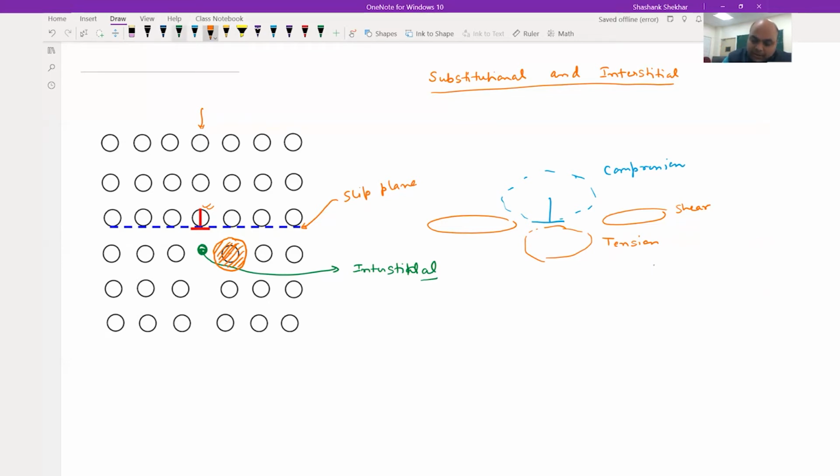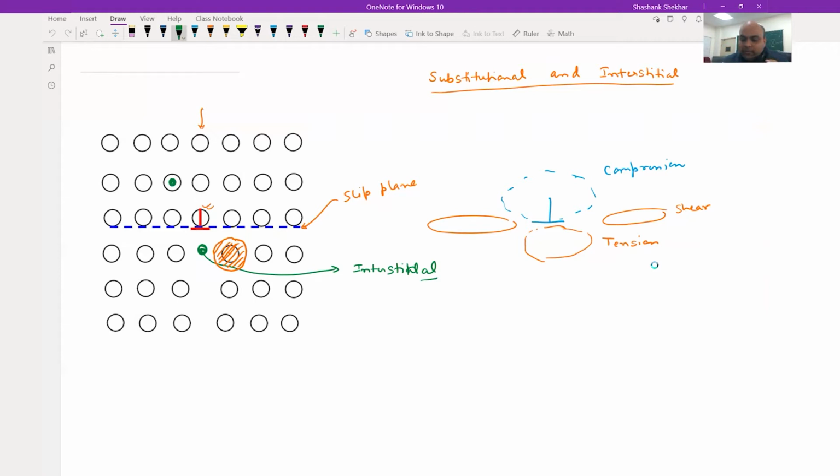On the other hand, if we have a smaller substitutional atom, like this one, then it is going to sit on the top of the extra half plane, on the upper side. So this is how the interstitial and substitutional atoms go into the lattice and choose their positions.